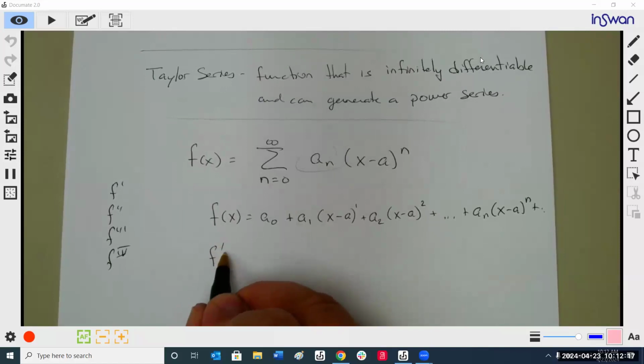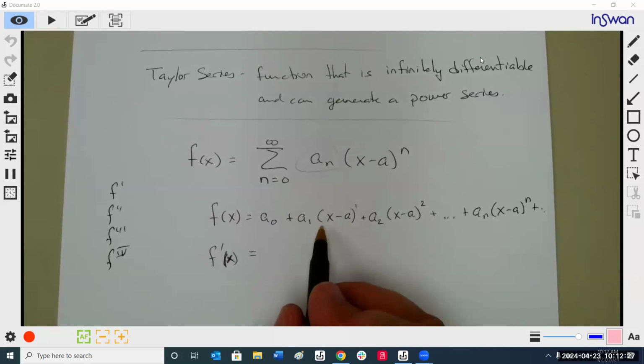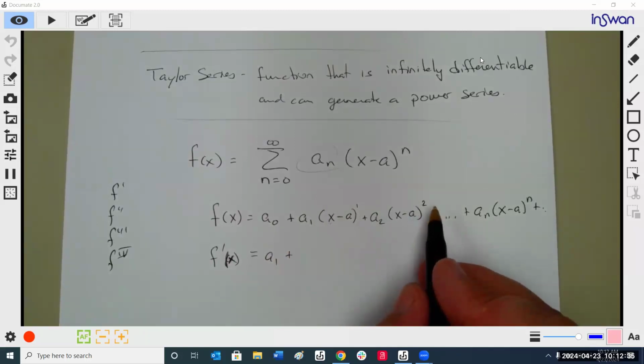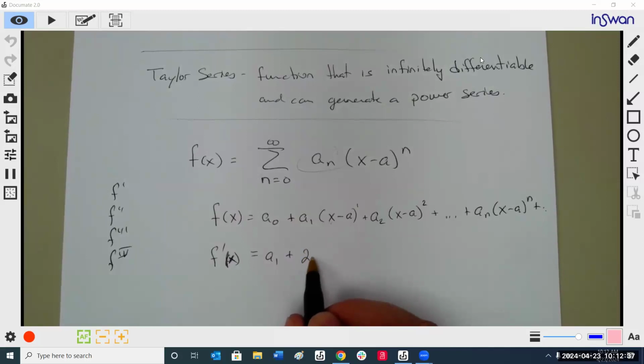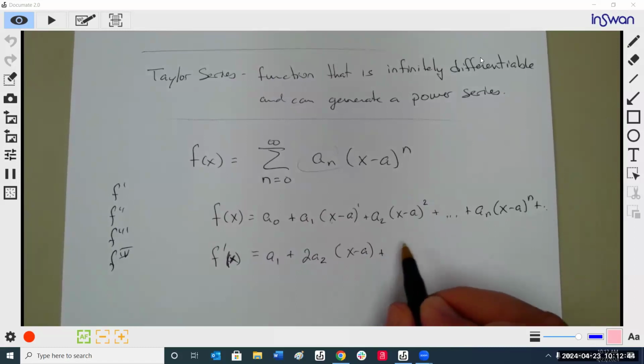Now we look at the first derivative of this series. The derivative of the constant disappears. The derivative of x minus a is 1, so it just has a1. Then 2a2 times x minus a to the power 1.